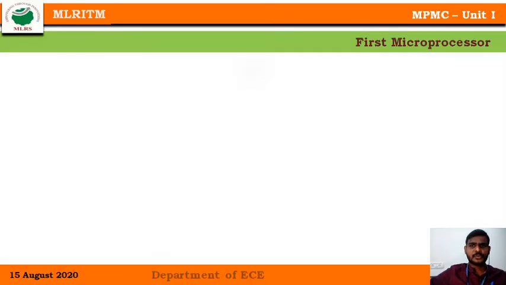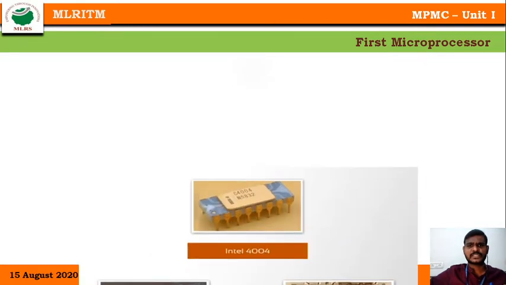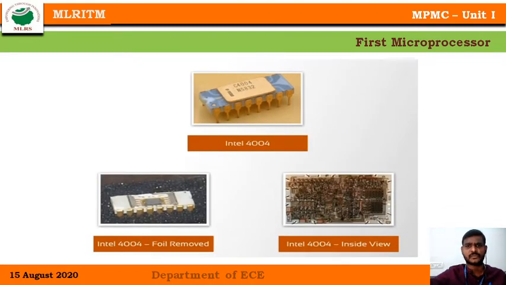Next, if you look at the first picture of the Intel 4004, this is the first 4-bit microprocessor, as I said earlier.